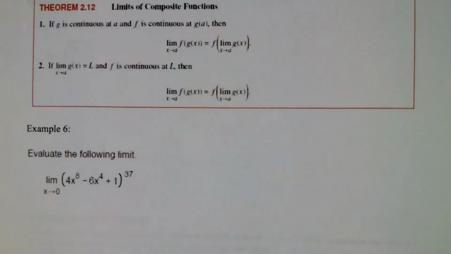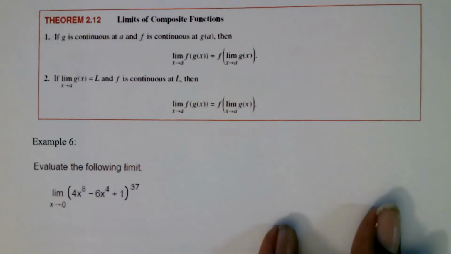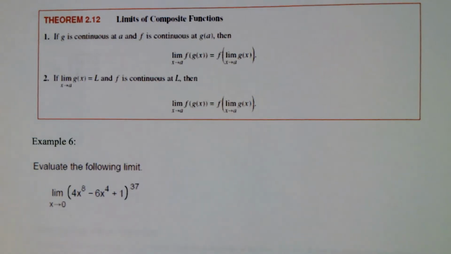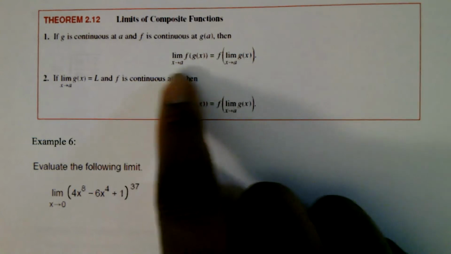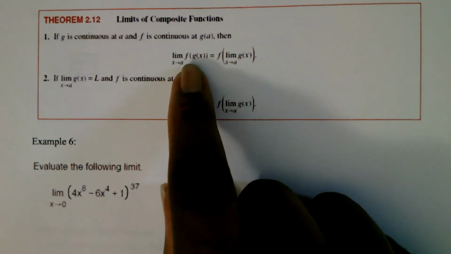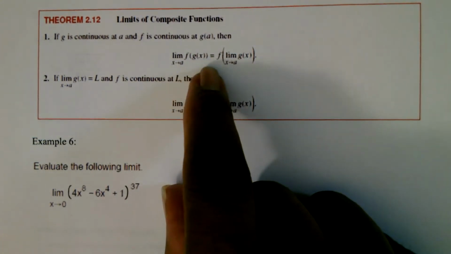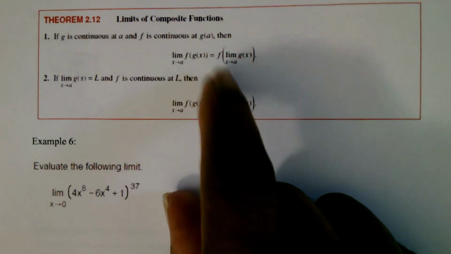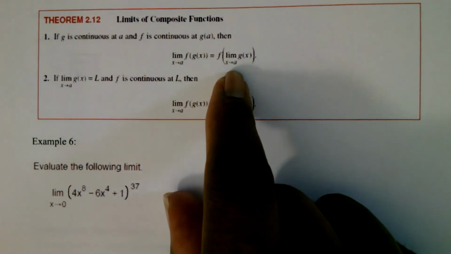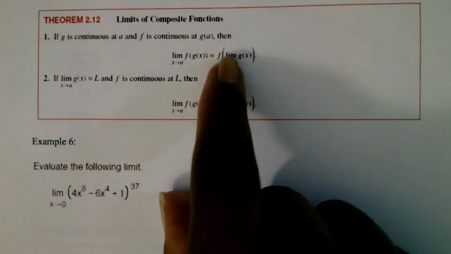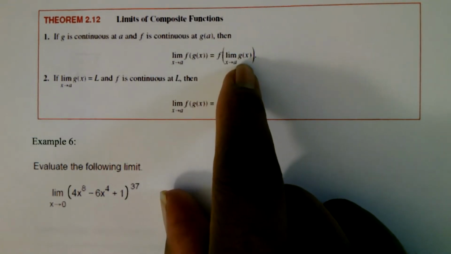All right, so now on the next page is the limit of composite functions. How can we take a limit of a composite function? Number one, if G is continuous at A and F is continuous at G of A, then the limit as X approaches A of F of G of X is equal to F of the limit as X approaches A of G of X. You'll take the limit as X approaches A of G of X first.